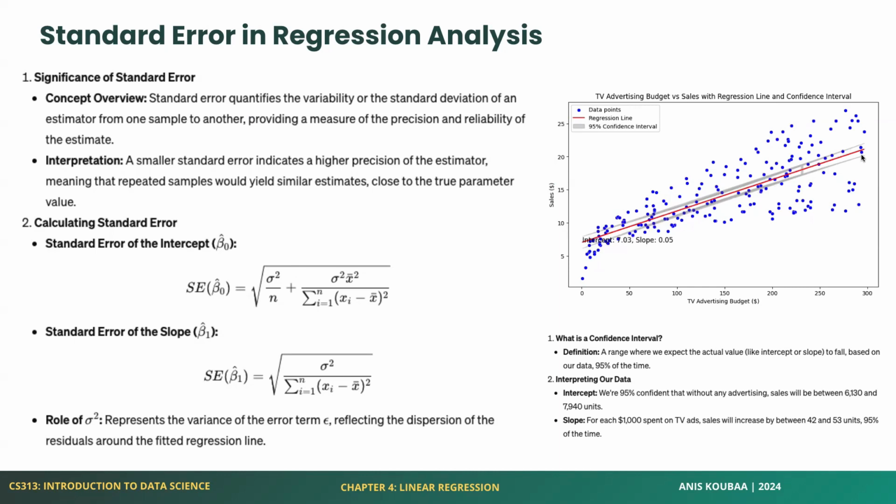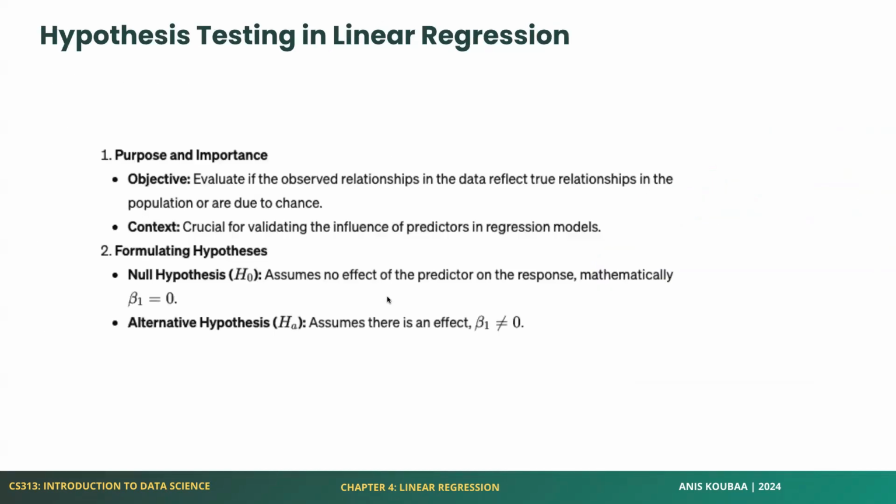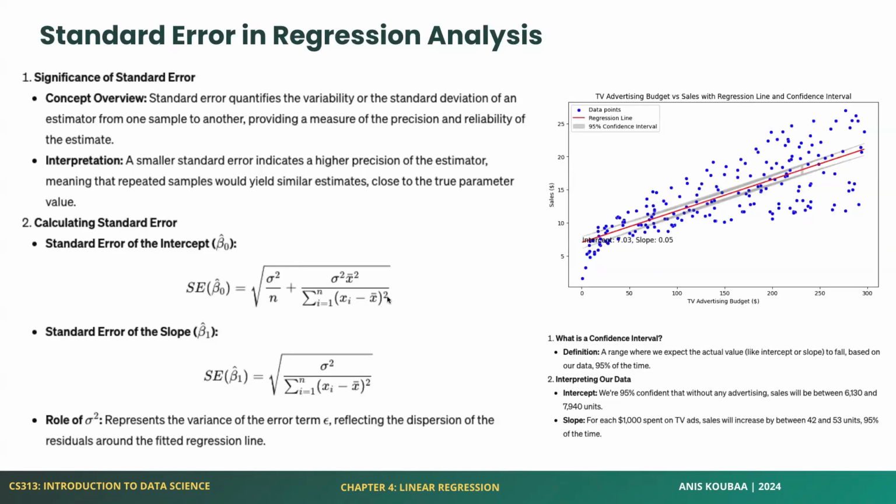So we will have multiple, maybe an infinity of possible regression lines, and they will all fall with 95% confidence between these two borders. So the confidence means that 95% of the lines are going to fall between this interval. Exactly, yes.